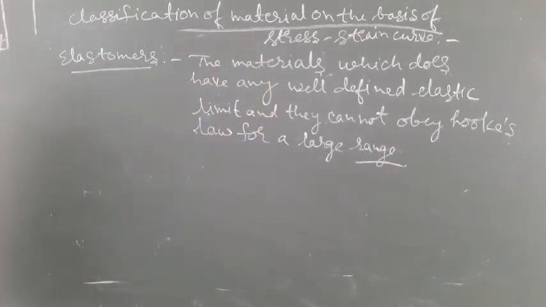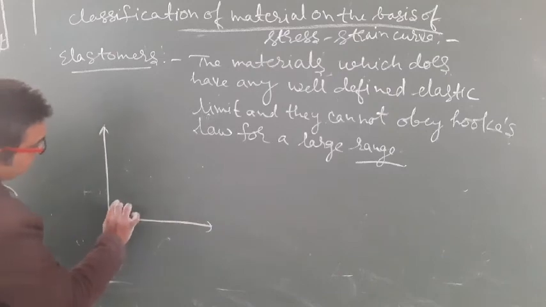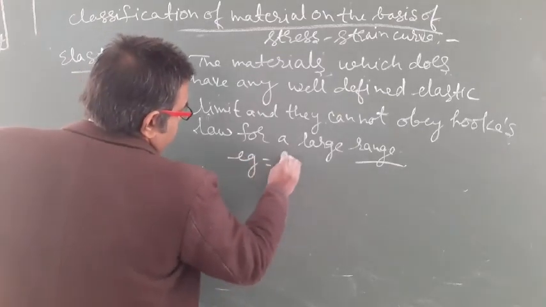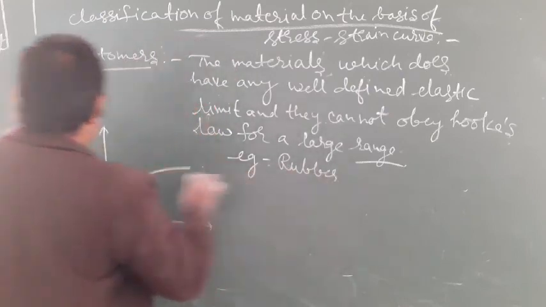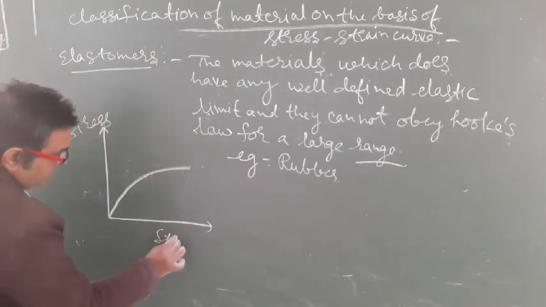And the stress strain curve for elastomers is just like that. For example, rubber. This is stress and this is strain.